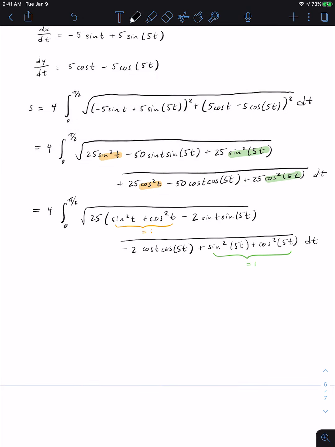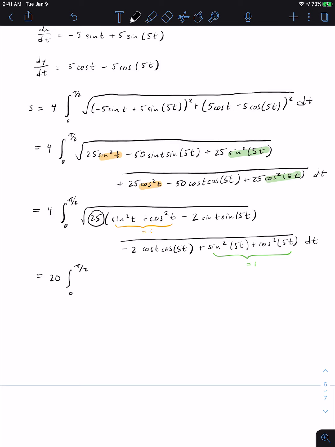So now, the square root of 25 is 5, so I pull that out front, and then I'd have 5 times 4, which would give me 20 here, from 0 to pi over 2. And then now I get 1 plus 1, so 2. I don't know why I put the square root first.